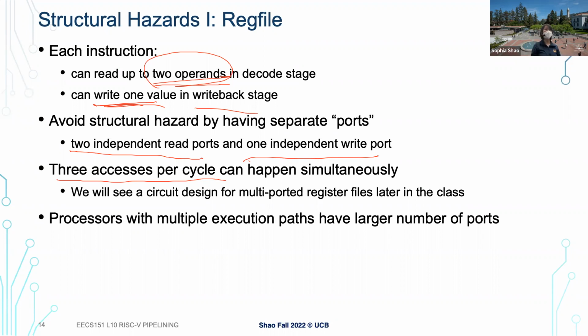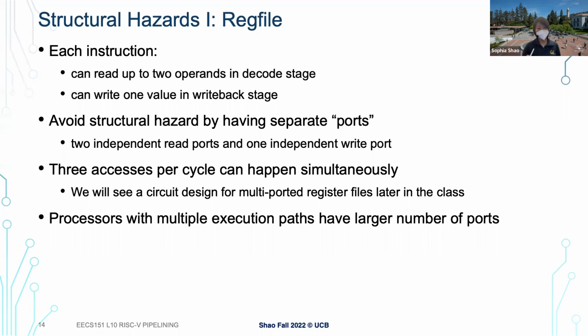For example, when building vector processors, we have more concurrent executions, so sometimes we want even more parallel accesses to our register file. So register read and write is always important, and especially for this kind of behavior, we always support multiple parallel ports to meet the bandwidth demand.